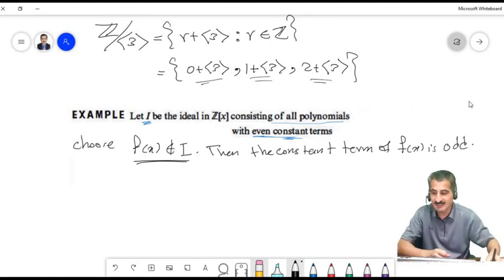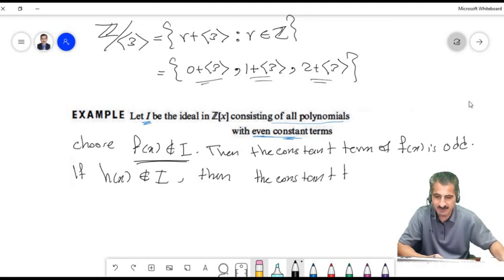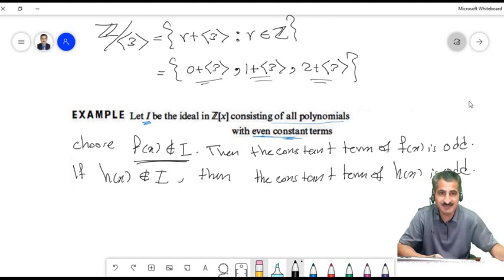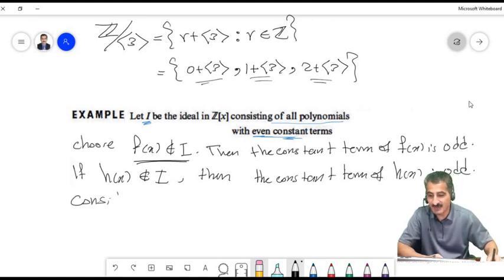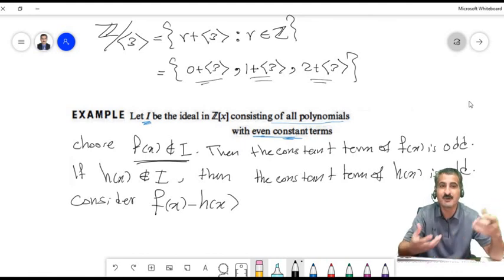Good? So, if again g of x is not in I, then the same thing happens. Then the constant term of g of x is odd. Correct? Consider now, subtract f of x minus g of x. When you subtract polynomials, you subtract the terms that have the same power of x.